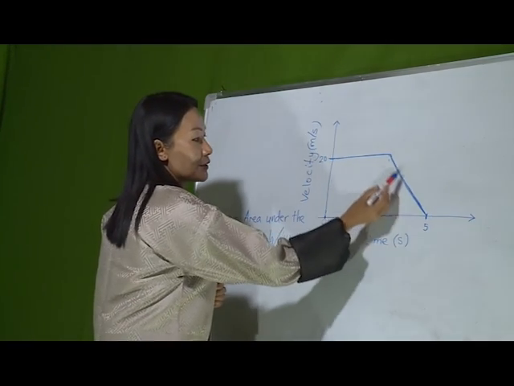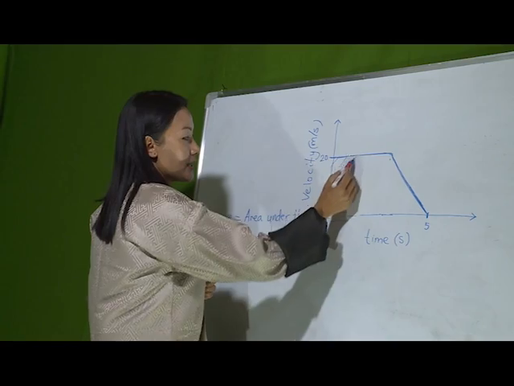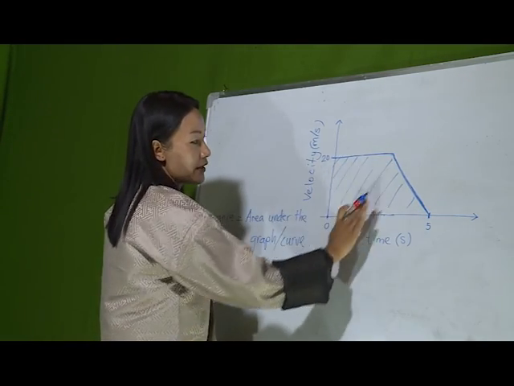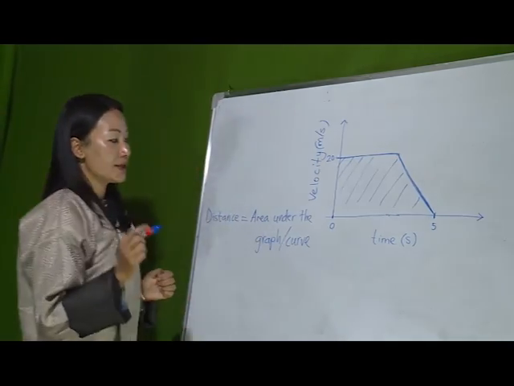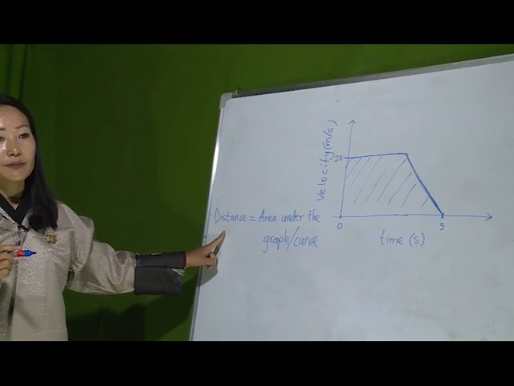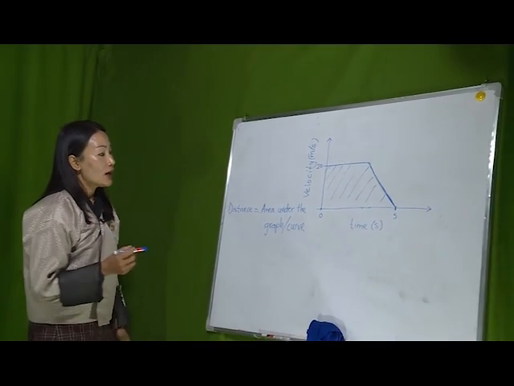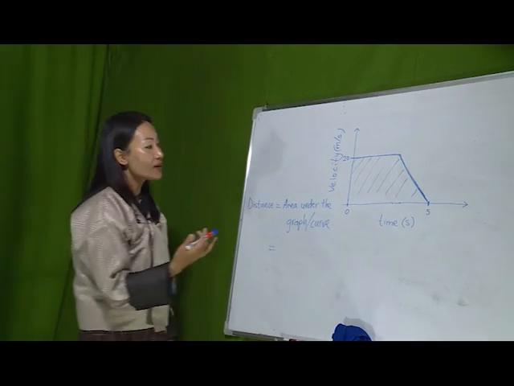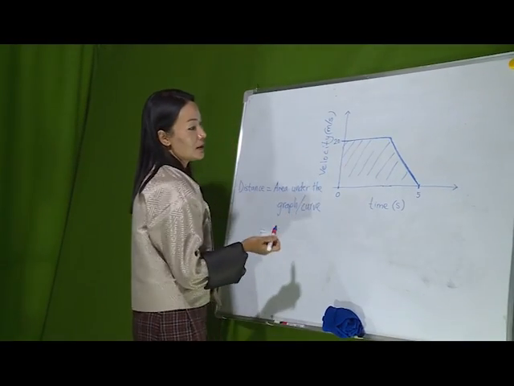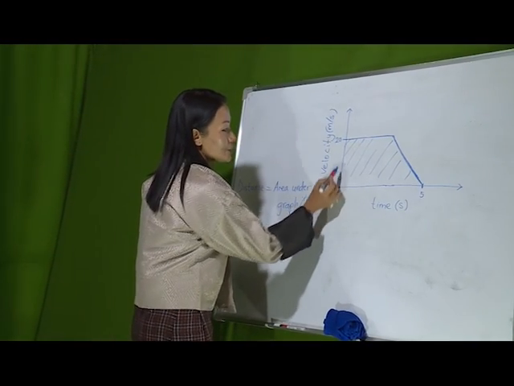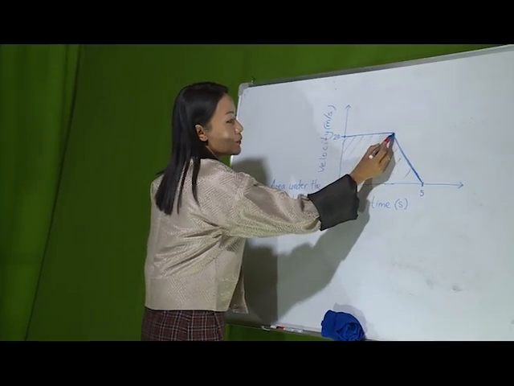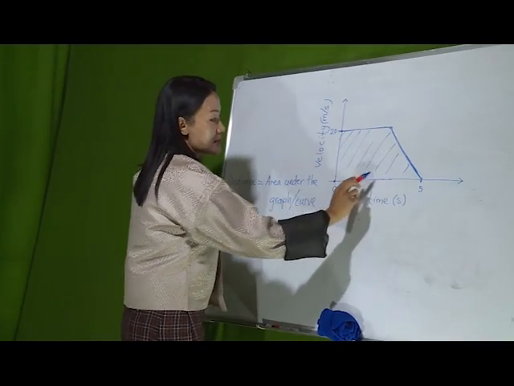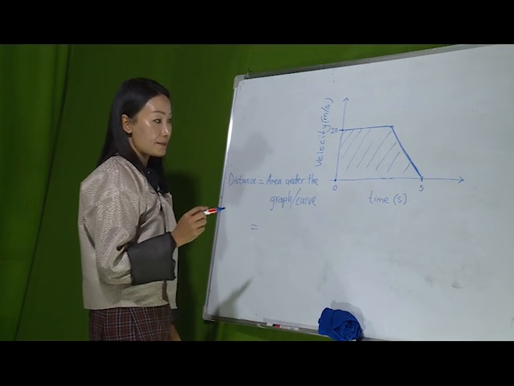So this is our curve. Now if you shade this portion, then the area under this curve will give you the distance traveled by the body. Now to do that, we need to identify what kind of shape this is. If you look from 0 to 20 to this point, then we notice that this is the shape of a trapezium.